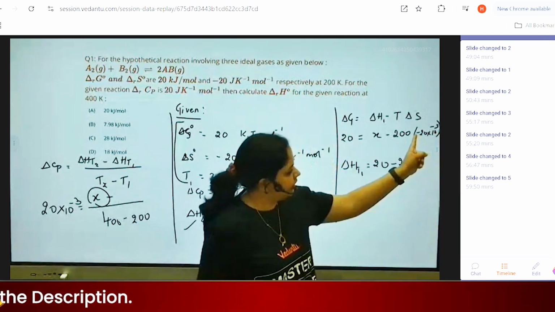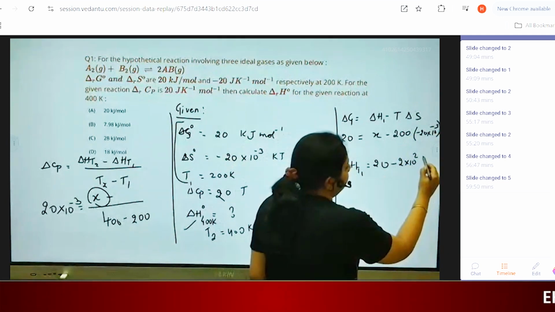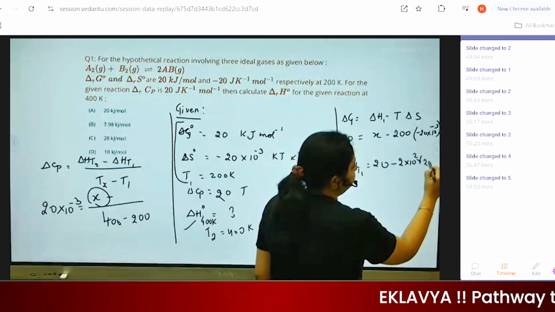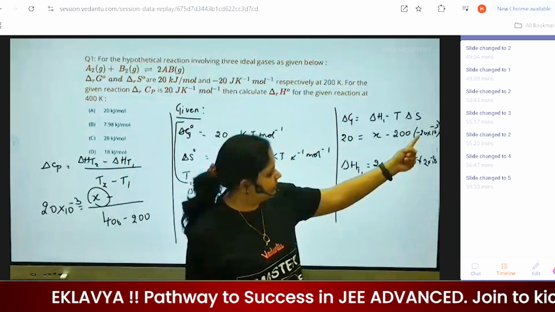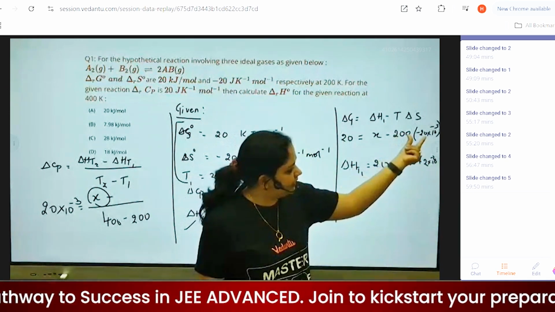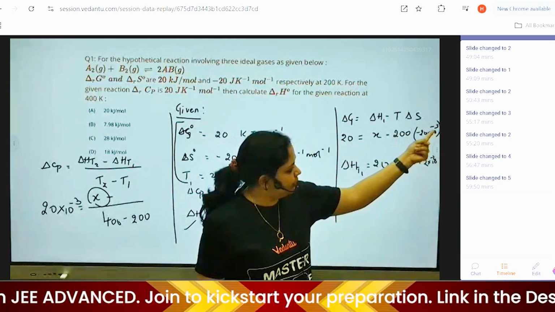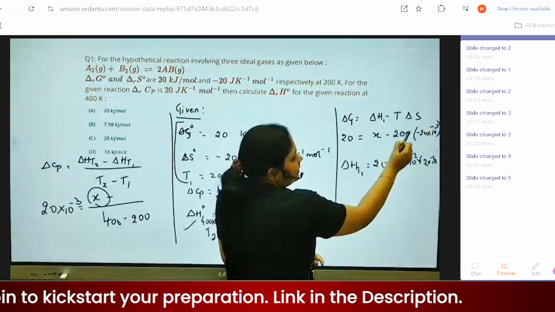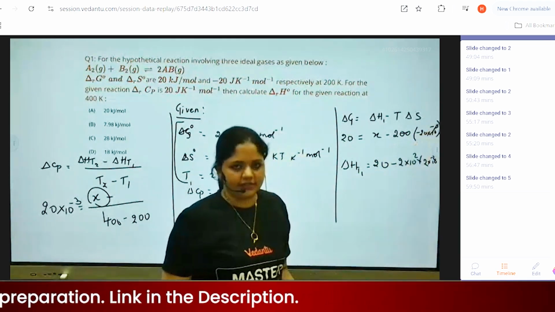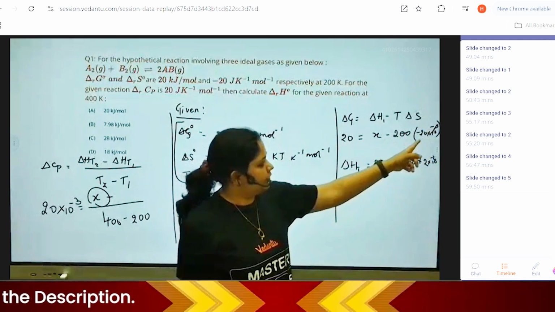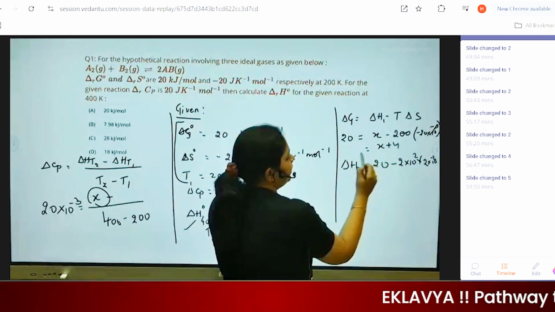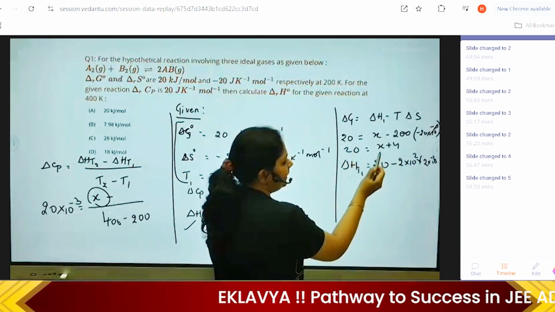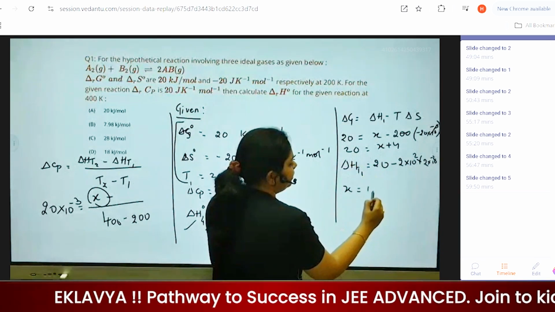So 2 into 2 into 10 to the power minus 2. In short, this is going to be total 10 power 3 and this is going to be total 10 power minus 3, which get cancelled out. So 2 into 2, it is going to be x plus 4 is equal to 20. So x will be equal to 16.